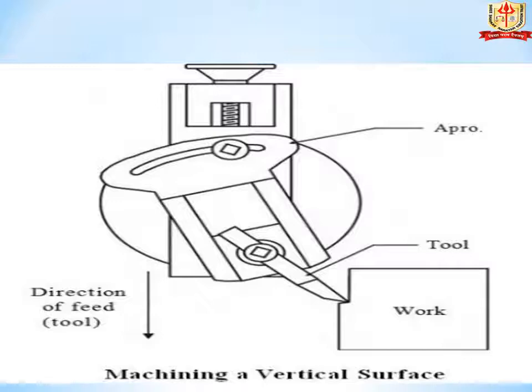Then the apron is tilted in the direction away from the surface to be machined. This enables the tool to move upwards and away from the work surface during the return stroke. The downward feed can be given by rotation of the down feed screw by hand. In the diagram we can see the machining of a workpiece in a vertical direction. So the shaper machine is also used for machining a vertical surface.